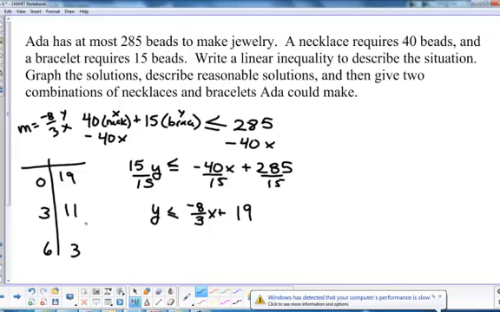You could also plug points in and solve, if that works better for you. And then we're going to give two combinations and graph it. So the negative numbers aren't really going to make sense here. And my X again is necklace beads.